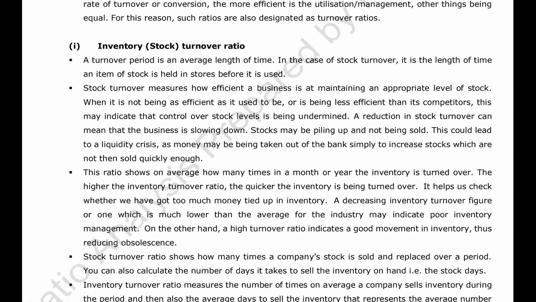So the higher the inventory turnover, the quicker the inventory is being turned over. It helps us to check whether we have got too much money tied up in the inventory or not.